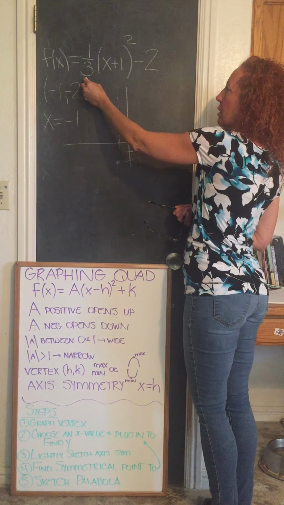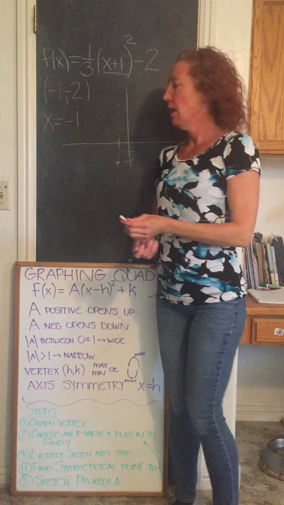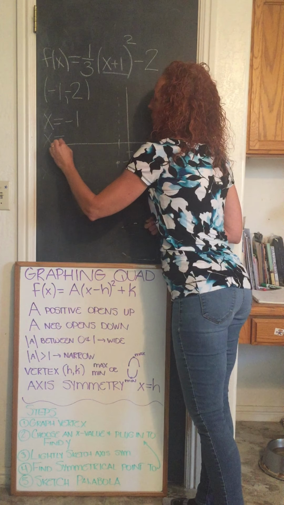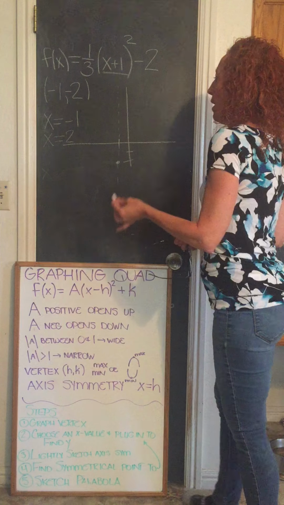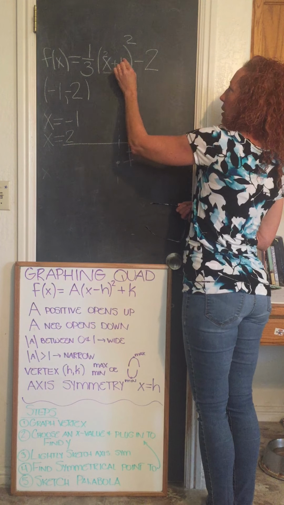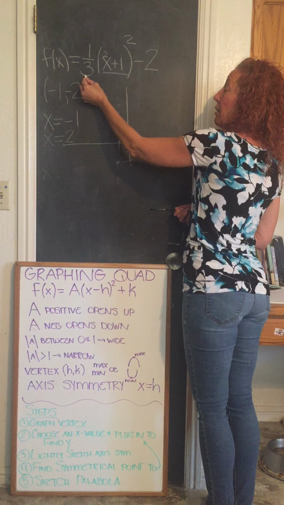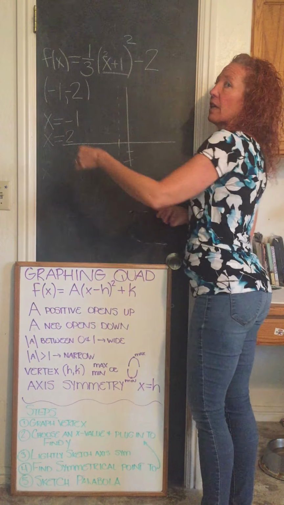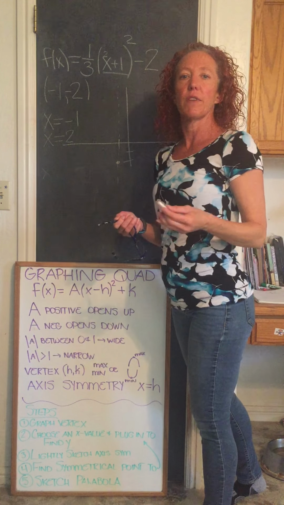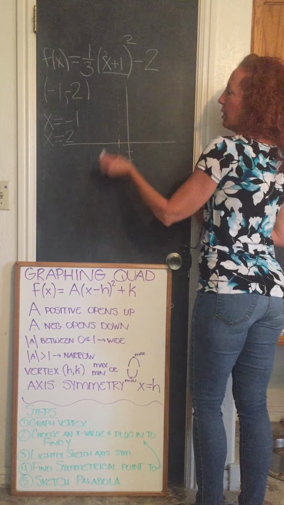That's not going to work. So what I want here is something that's divisible by 3. If I choose x equals 2, watch what happens. X equals 2. 2 plus 1 is 3. 3 squared is 9. 9 divided by 3 gives me a nice number. So 9 divided by 3 is 3. Take away 2 is 1.